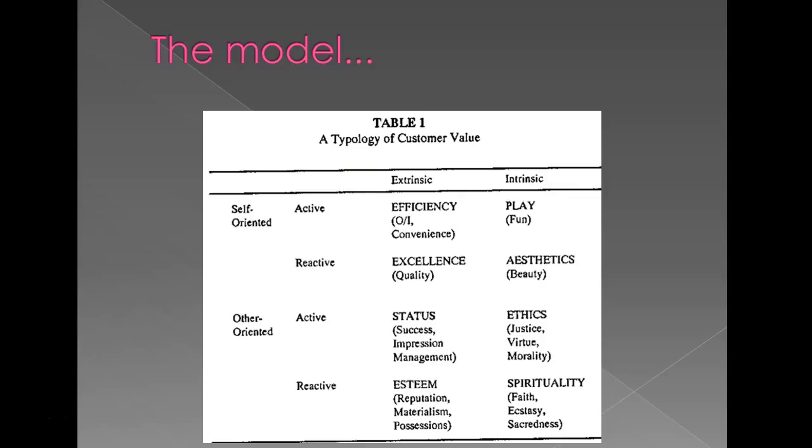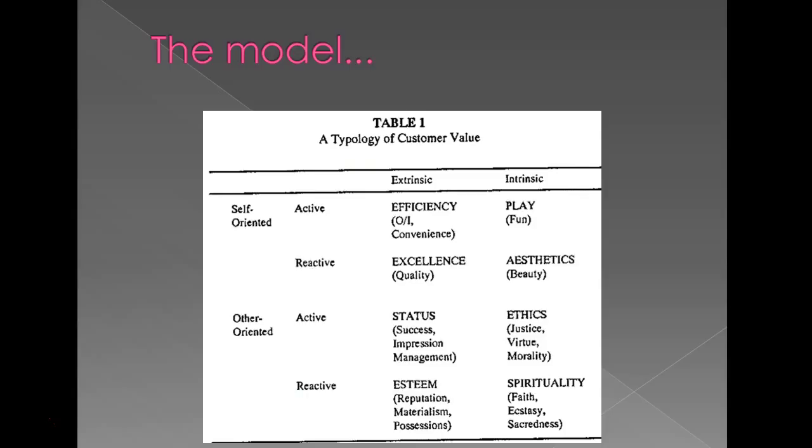So at the top you will see two words, extrinsic and intrinsic, and then self-orientated and other-orientated. These four types of value are the overall approaches to customer value that customers may potentially take, and formed by a combination of those four elements are eight different typologies of customer value.